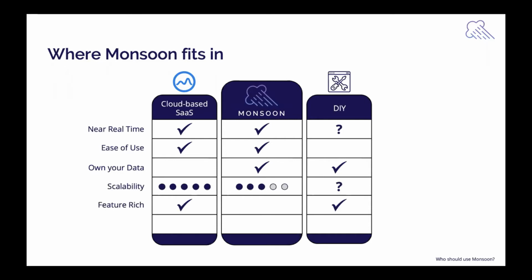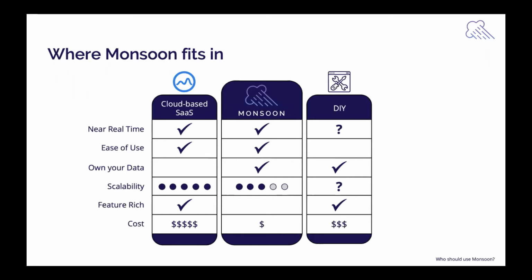However, Monsoon is neither as scalable nor as feature-rich as other cloud-based SaaS products or highly customized DIY solutions. Monsoon is an open-source solution intentionally optimized for small to medium-sized companies that want to load test their SPAs for up to 20,000 concurrent users.